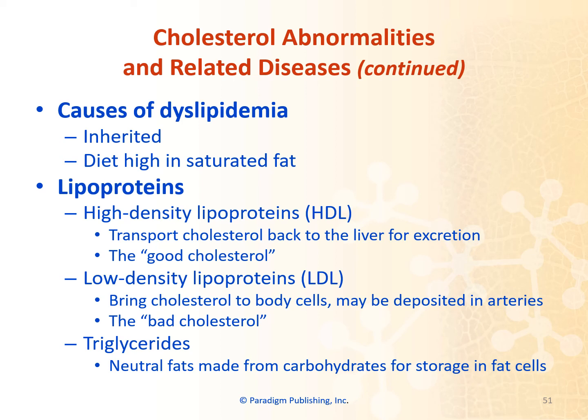High-density lipoproteins transport cholesterol back to the liver for excretion. The high-density lipoproteins, or HDL, is the good cholesterol. The LDL, or low-density lipoproteins, are bad cholesterol. They bring cholesterol to body cells and may be deposited in arteries. Triglycerides are neutral fats from carbohydrates for storage in fat cells.